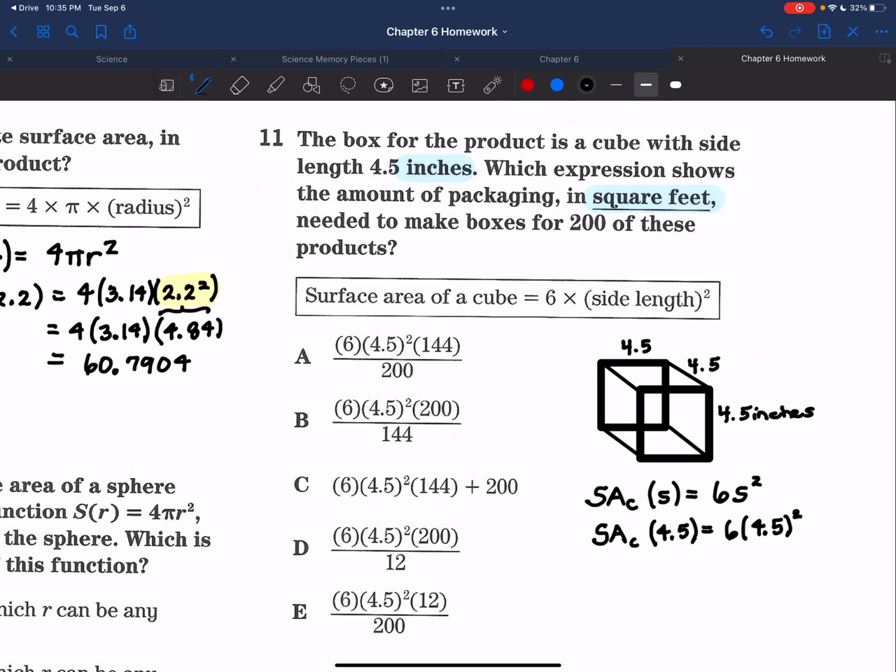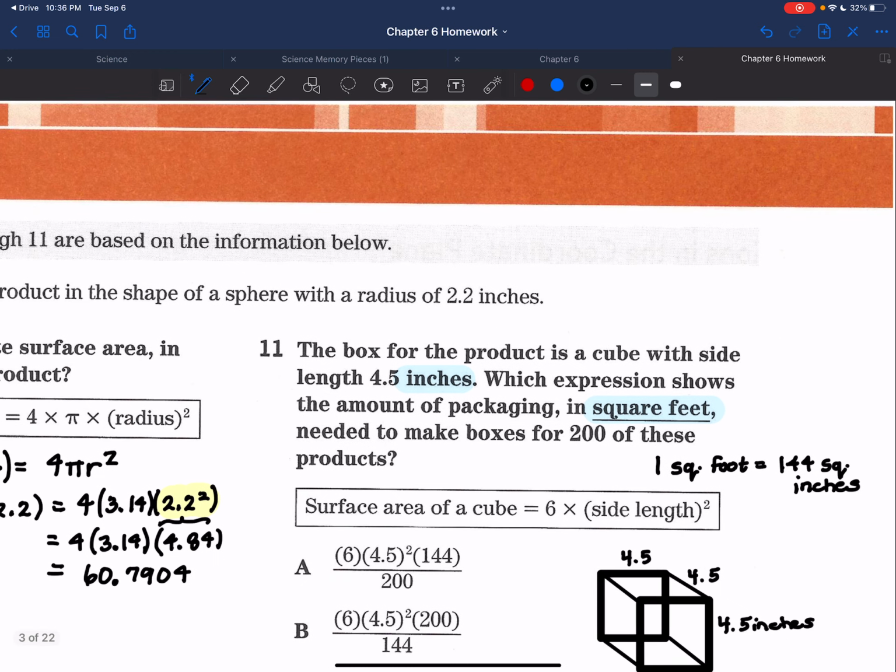Now, I happen to know from many years of doing math that 1 square foot is equal to 144 square inches. And let me show you why that's true.